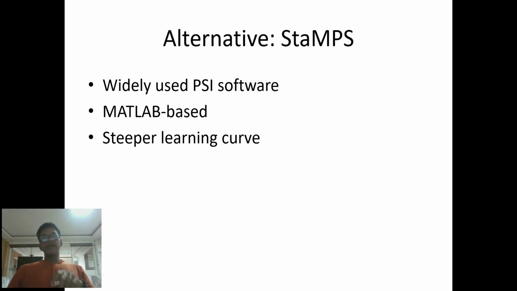That means you'll have fewer chances for error, and this is very good for urban subsidence and also for persistent scatterer studies. MATLAB dependencies are a little hard to get. You have to purchase MATLAB, and the workflow is also very complex. These are the limitations for StaMPS.